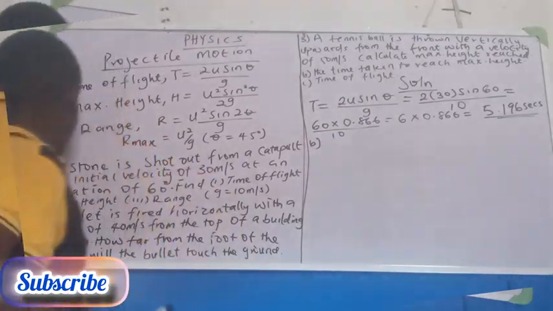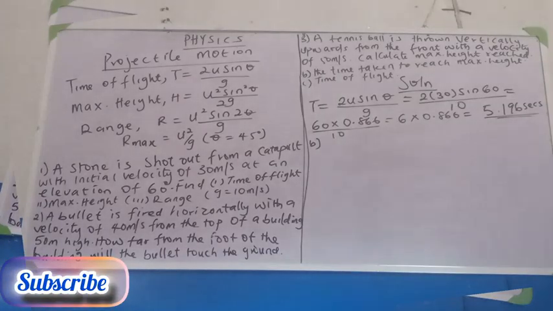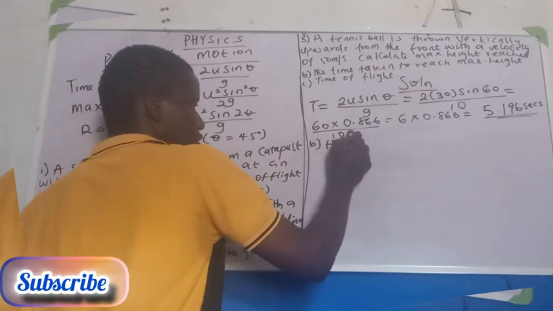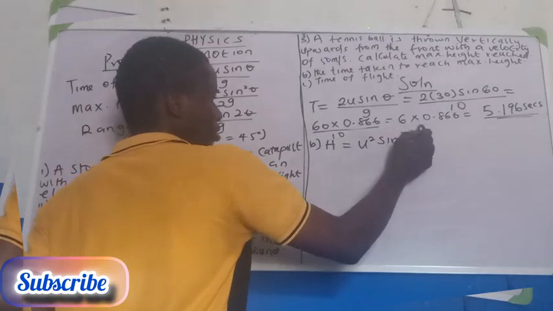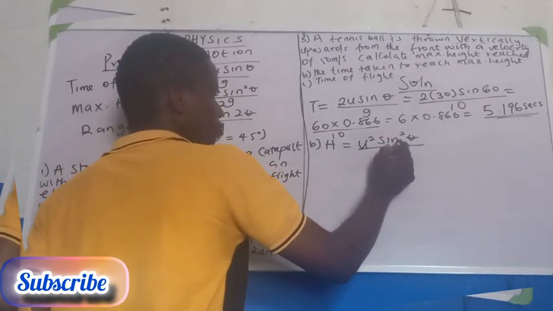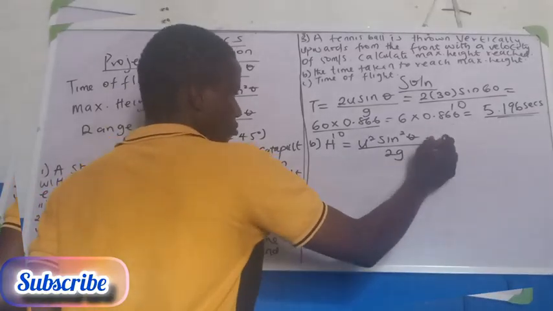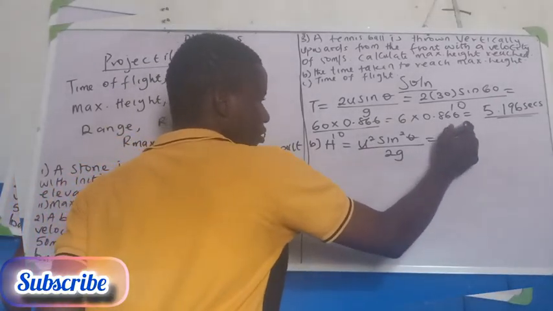Part B says find the maximum height. So maximum height is H equals u squared sine squared theta over 2g, which is 30 squared.